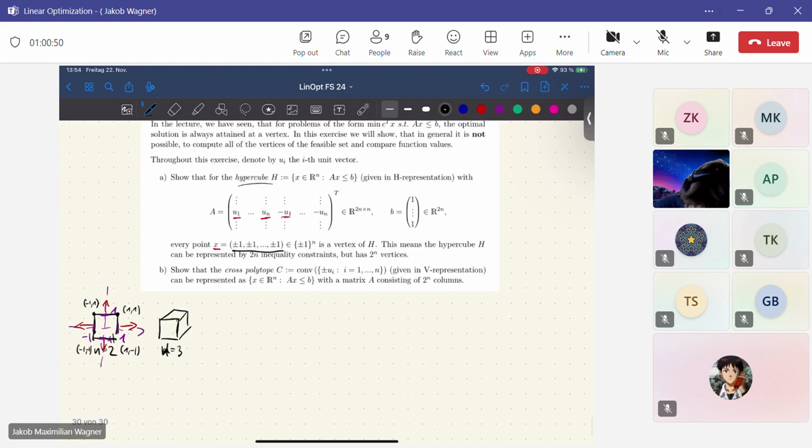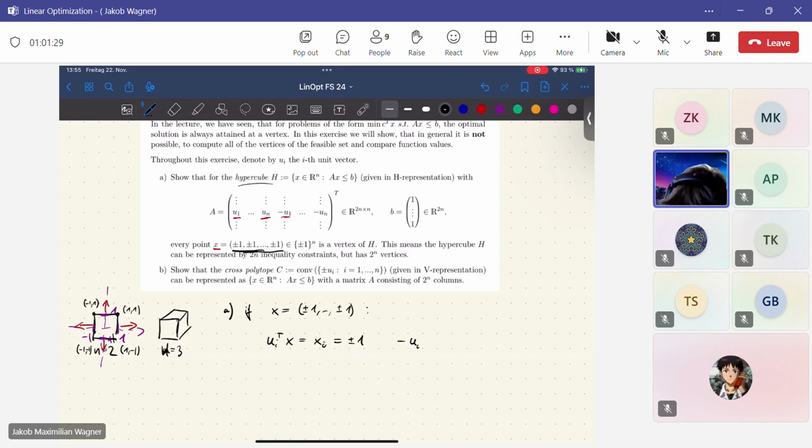So for part A, first of all, we need to check that those points are feasible, but this is pretty straightforward. If x is such a plus-or-minus 1 vector, we have that u_i transpose x is just the ith entry of x, which is again either plus or -1.